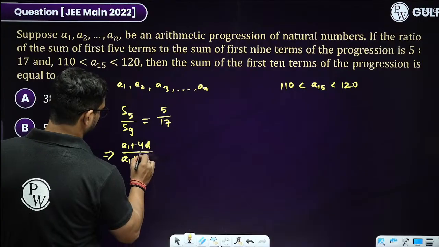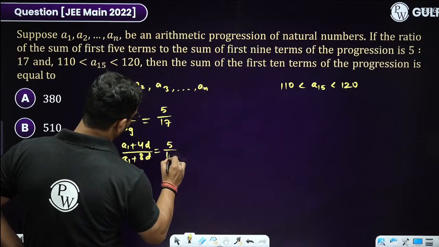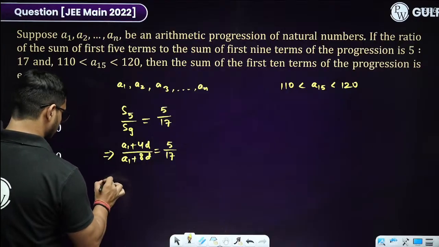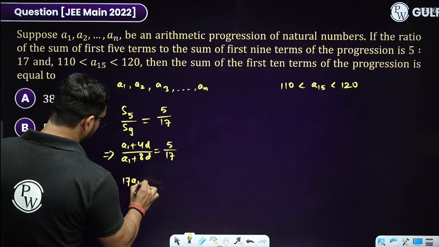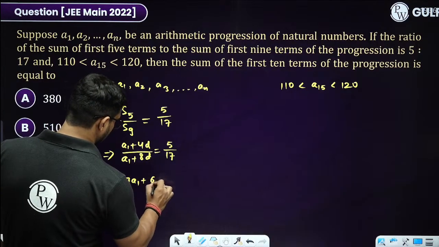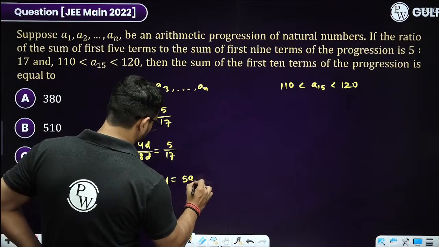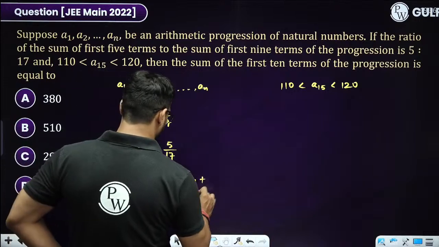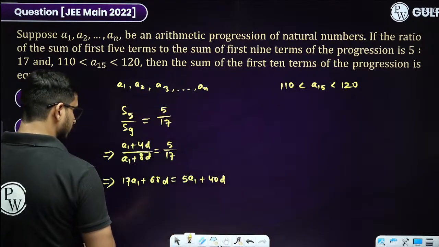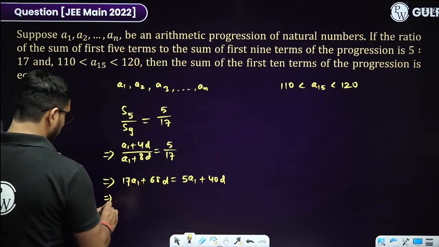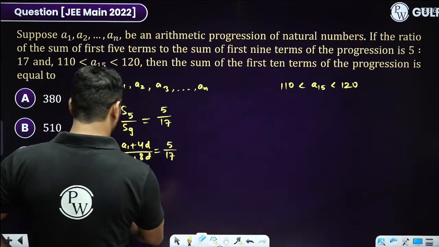Okay. So S5 means A1 plus 4D over A1 plus 8D equals 5 by 17, correct? So we can write 17A1 plus 68D, then 5A1 plus 40D. Now what to do? Sorry, we have to take the sum.